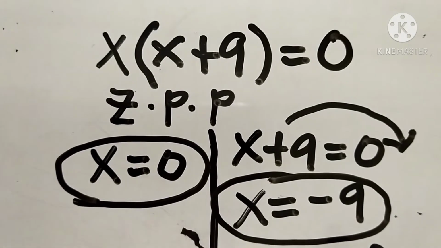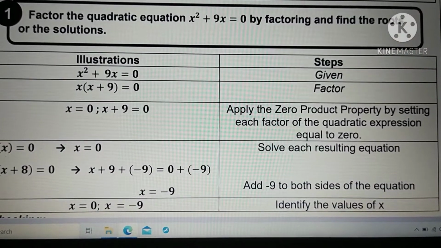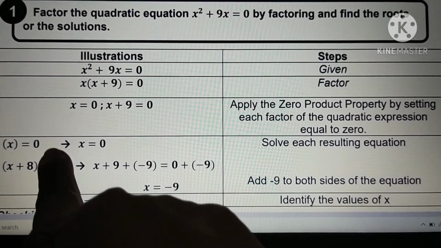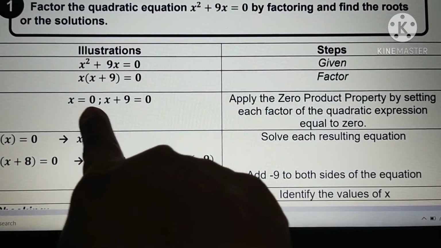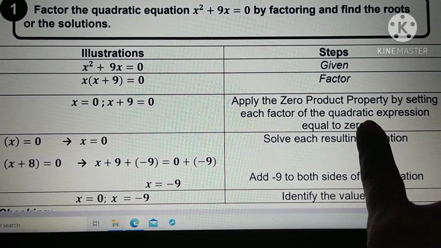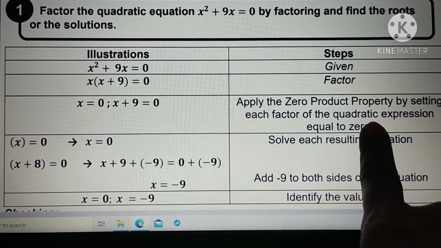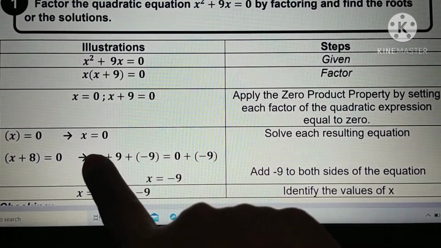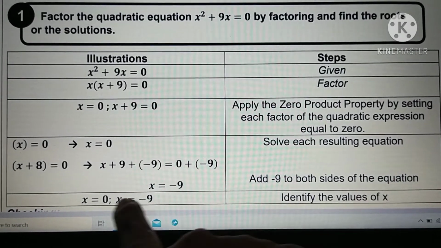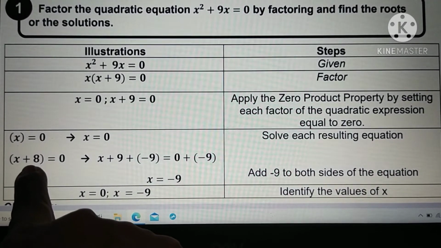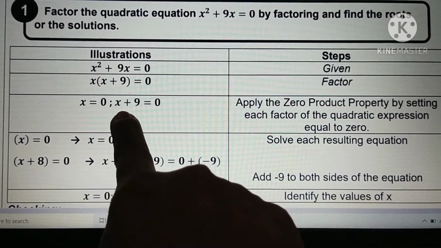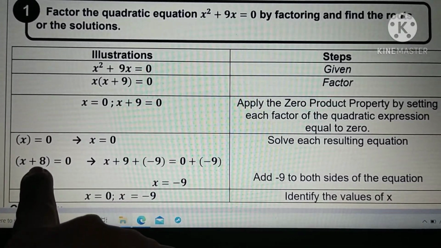Going back to our illustrative example, these are the two equations from applying the zero product property, and the values of x are 0 and negative 9. By the way, there was a mistake here: this should be x plus 9, since one factor should be x plus 9.